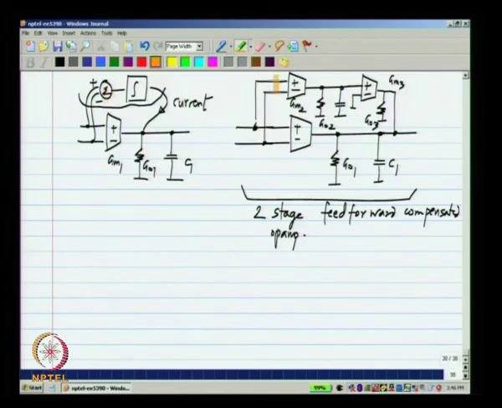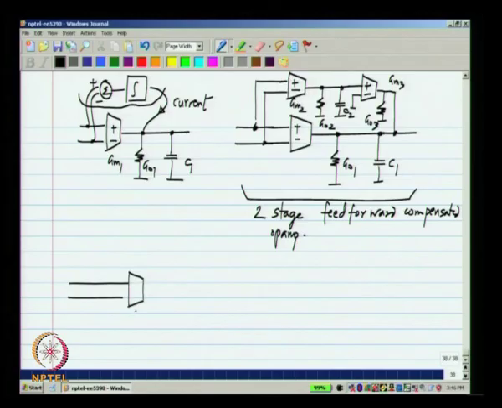We earlier used a single stage op amp, that is, this differencing and integration was formed by this GM2 and this capacitor C2, and that forms a single stage op amp. Now, we can use a 2-stage feed forward compensated op amp in its place, because that is a better integrator. What do we get if we do that?